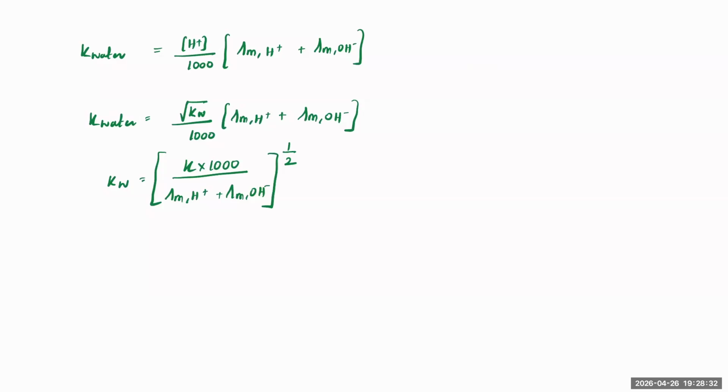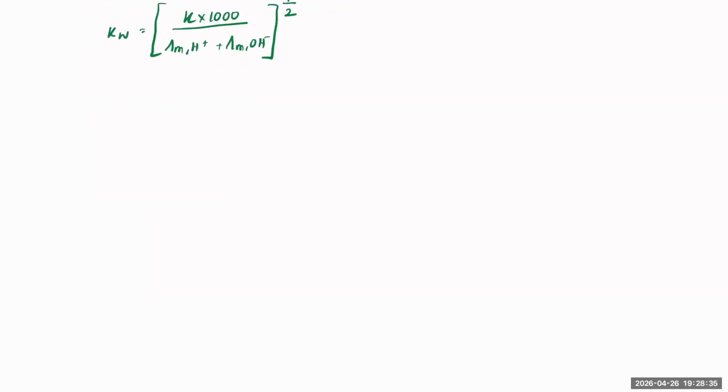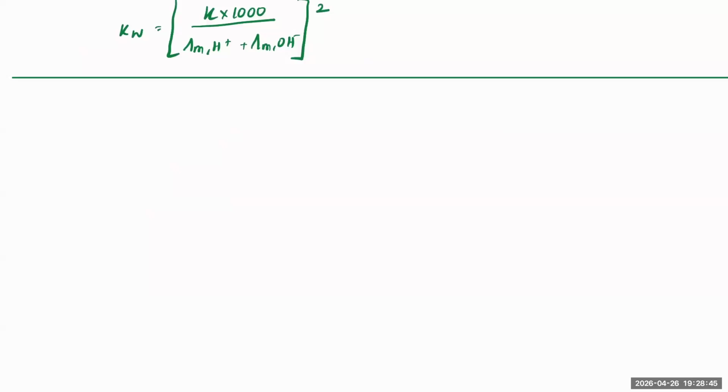Next, the same logic is to be applied even if you have a solubility product. So if you want to figure out the solubility product, Ksp, I'll take the example of AgCl. AgCl is in equilibrium with Ag plus aqueous plus Cl minus aqueous, and the equilibrium constant is called Ksp.